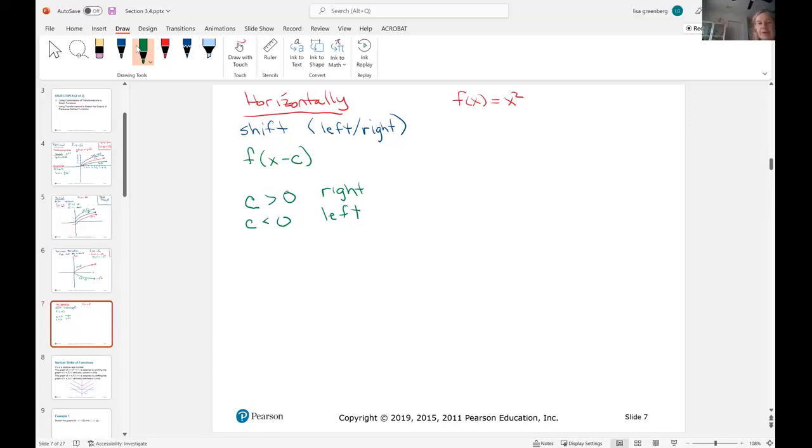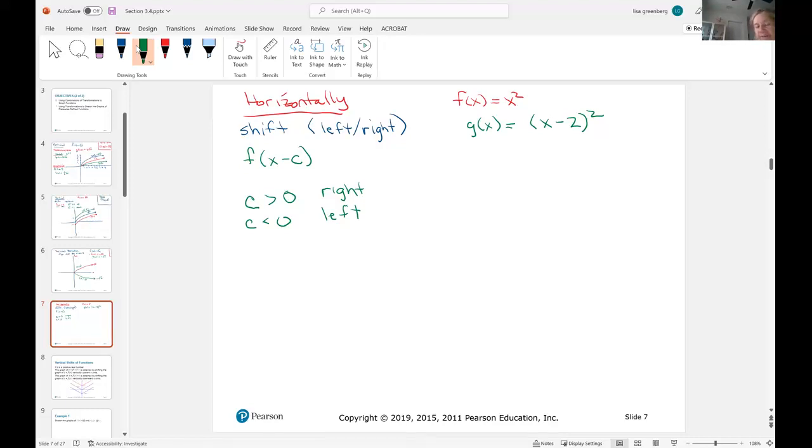So for example, if I say g of x is equal to x minus 2 quantity squared, then this is actually shifting to the right too, because the minus is already there, so c is positive 2.